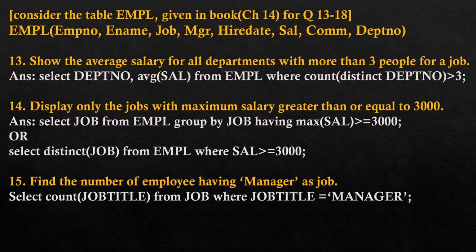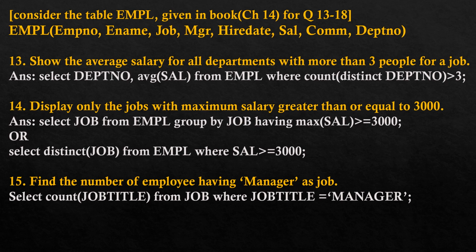Now show the average salary for all departments with more than 3 people for a job. That means if there are more than three people in a particular job, then we have to find out the average salary for those departments. So we have to select department number, then average of salary from EMPL, where count distinct department number is greater than 3.